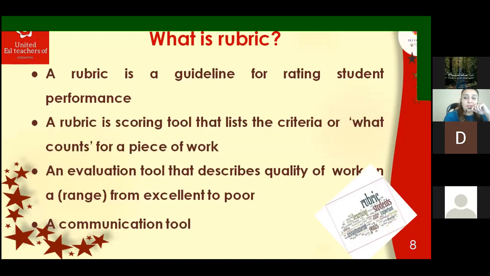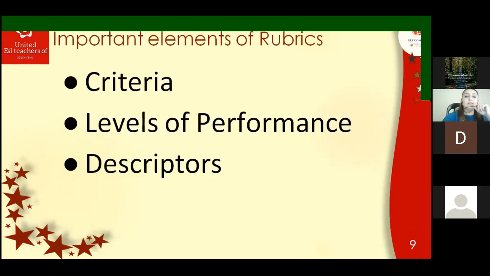But subjective assessment, which is good for productive skills, writing and speaking, it's better to create a rubric. And so what is a rubric? We have already clarified. And of course, there are important elements of creating rubrics. First of all, we need to create criteria: what things we are going to measure, or take into consideration.